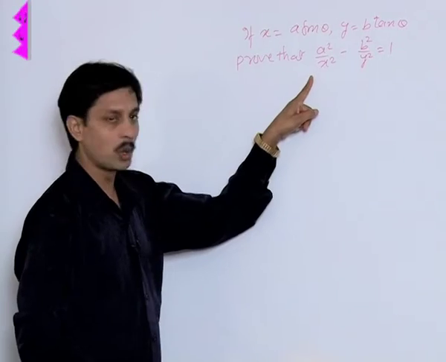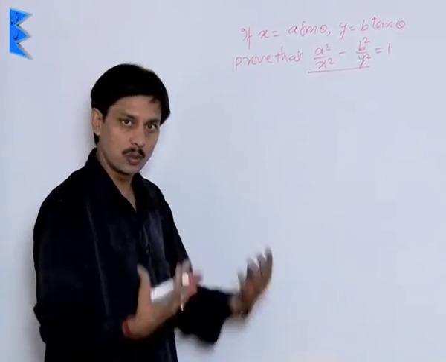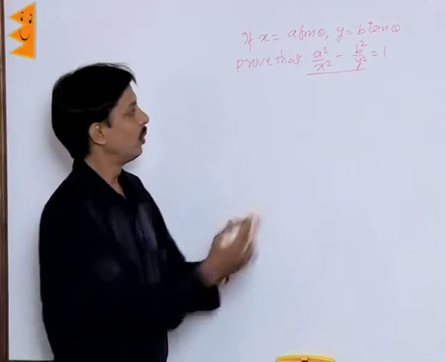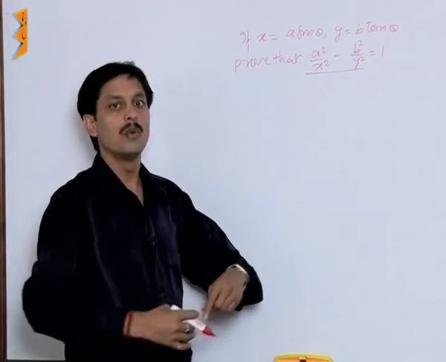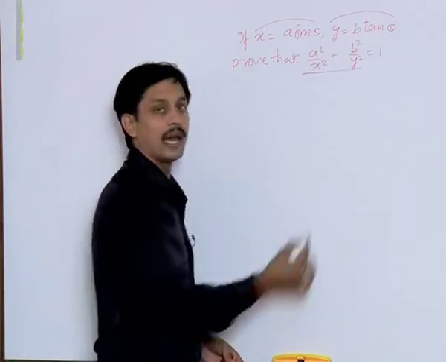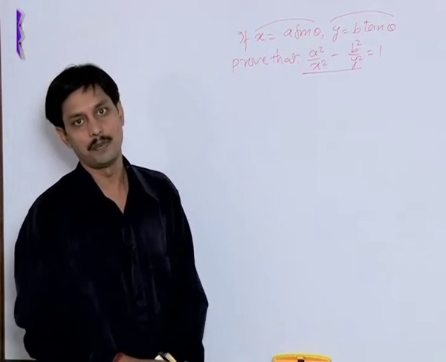In order to show this result, there is no theta, so this question can be asked in two ways. One, prove this, or we can ask you that if this is the condition, then eliminate theta. That means theta must disappear.